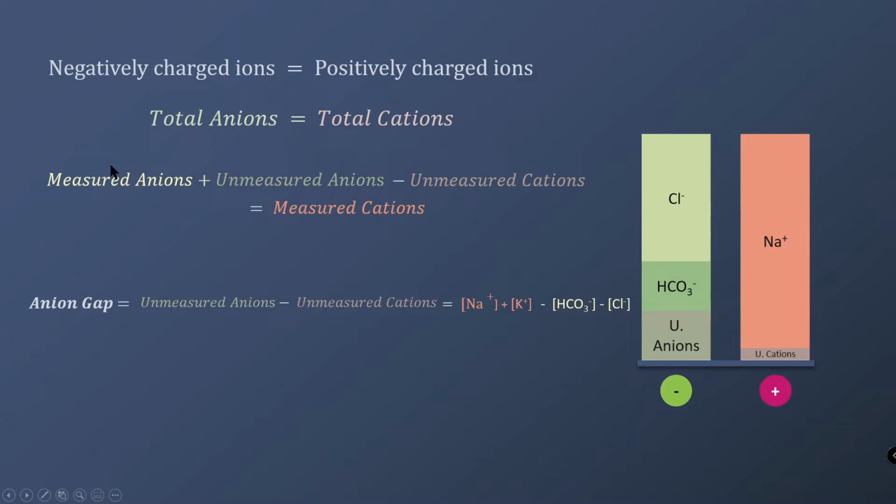Basically this equation is just a simplification, a rearrangement, of this equation. If we rearrange it, we will ultimately get this equation. You don't need to memorize this whole derivation, this is just for concept, but at least you must understand what anion gap actually implies, what it actually means, right?